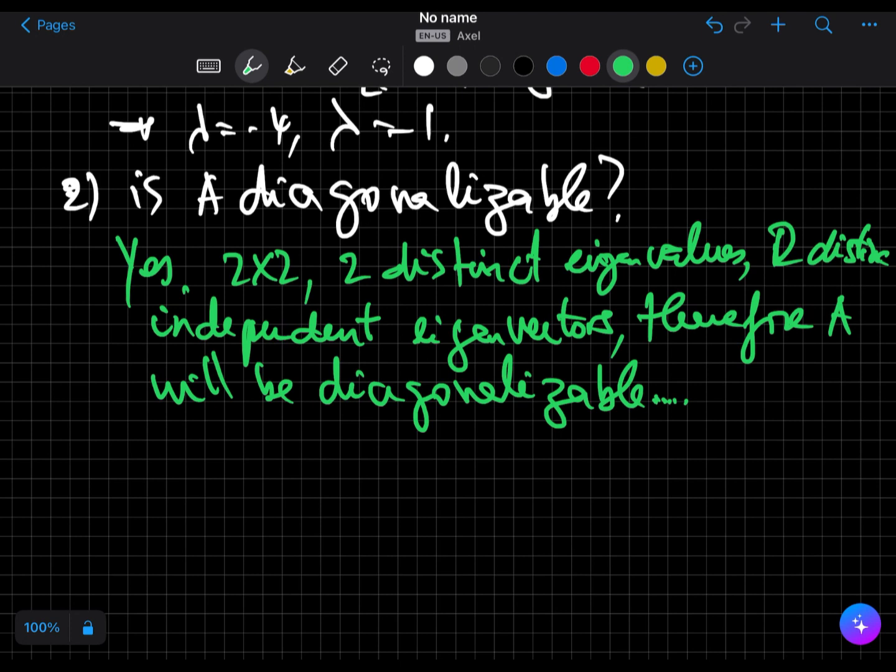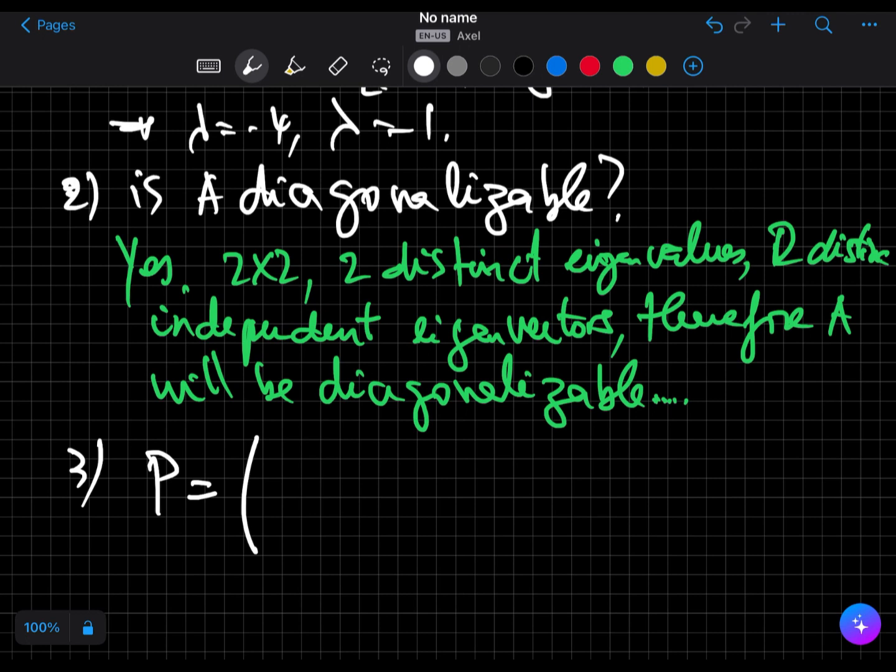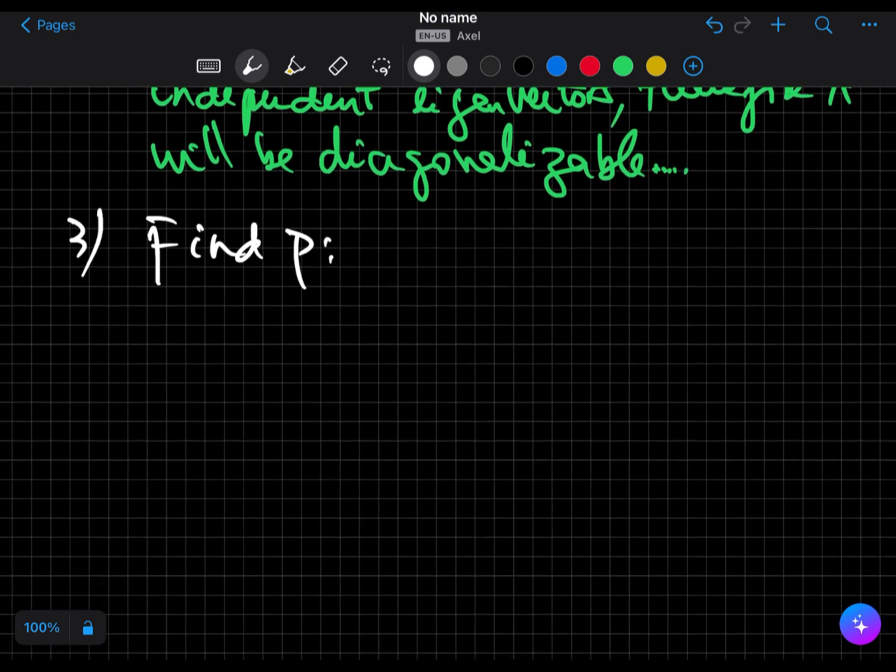So the third question is find an invertible matrix P and a diagonal matrix D. We know that the matrix P is the matrix whose columns are the eigenvectors. That is, we need to find P, and to do that, we need to find the eigenvectors of A. Now, let's look at the eigenvector for lambda equals 4. We have to solve the equation A minus lambda I times V equals 0.